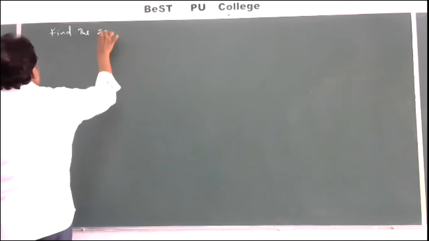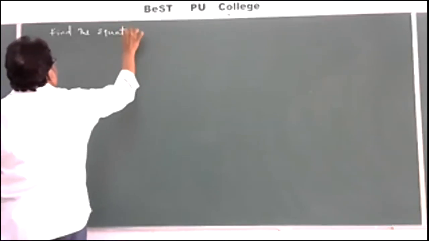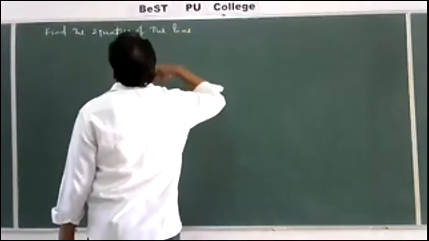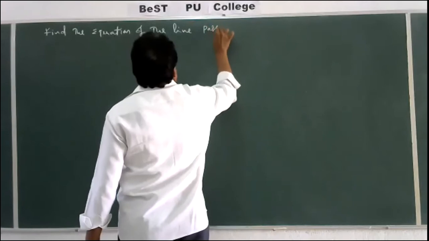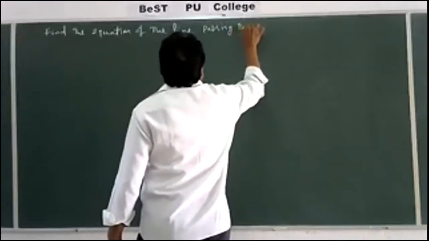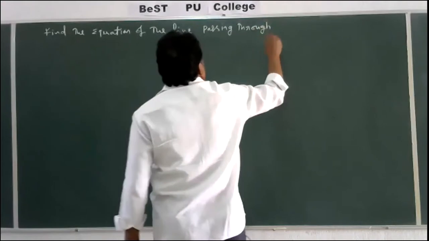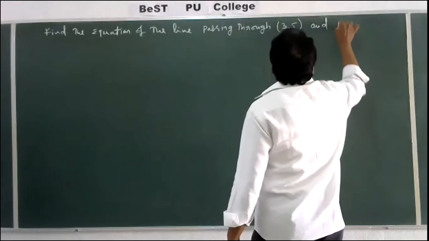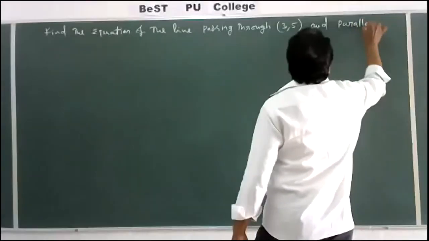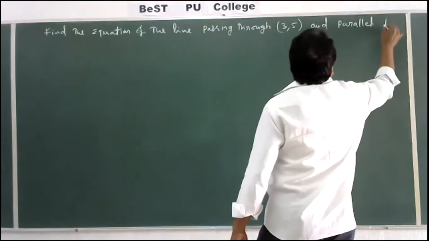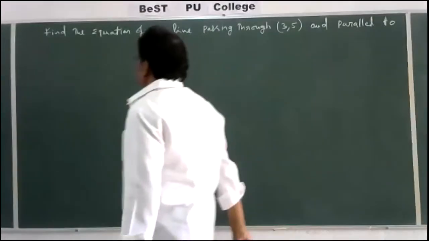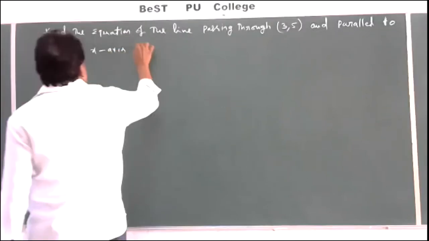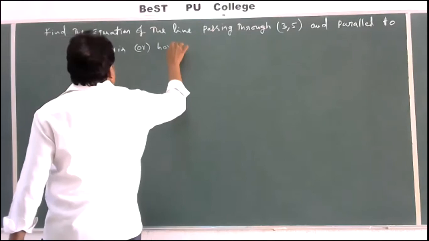Find the equation of the line passing through (3, 5) and parallel to the x-axis, or horizontal line.